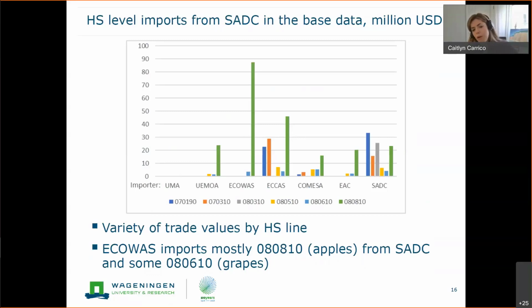This is before we apply the tariff removal, just to see how important these different commodities are for the importers that are importing fruit and vegetables from SADC. You can see there's quite some variety. You can also see that this last one, apples, is very important, and grapes is a bit important too.